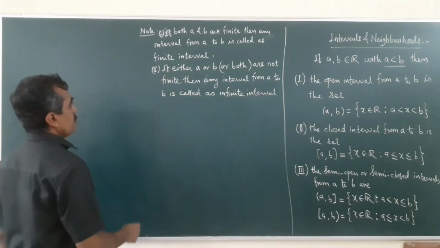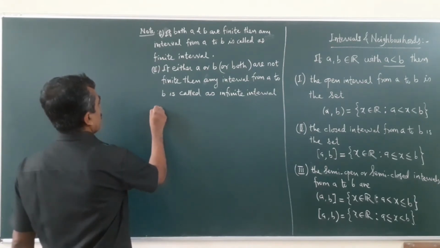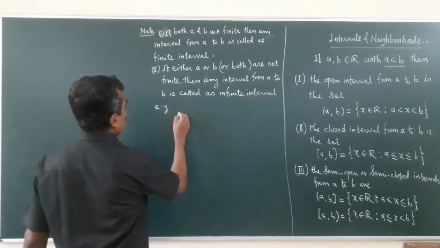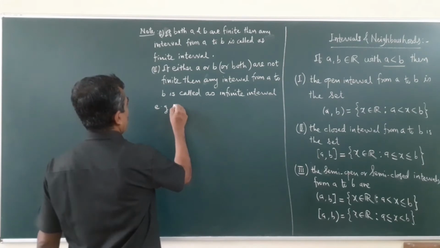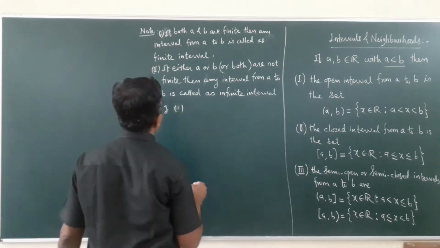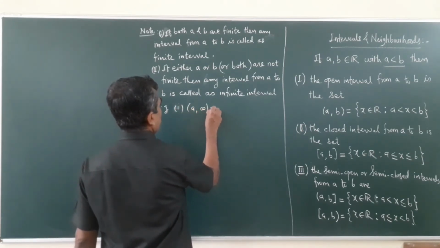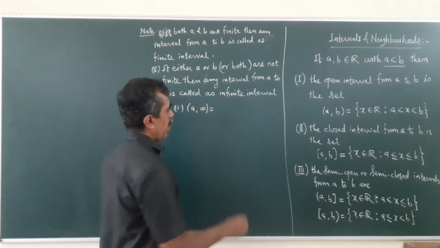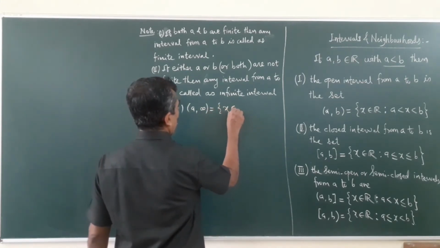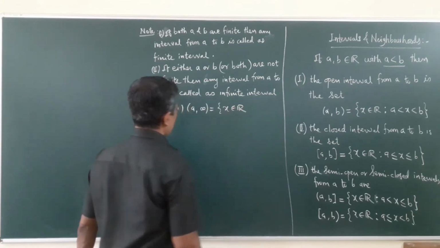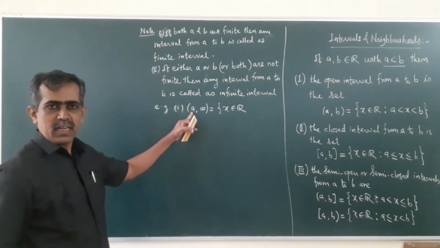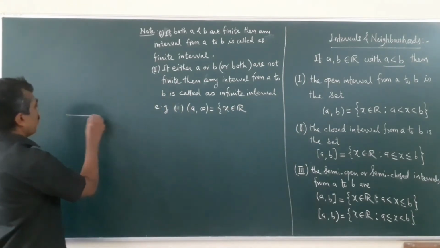Okay. See, for example, I will write this as, say, (A, infinity). What is (A, infinity)? It is the set of all x belonging to R, all those numbers on the real line.